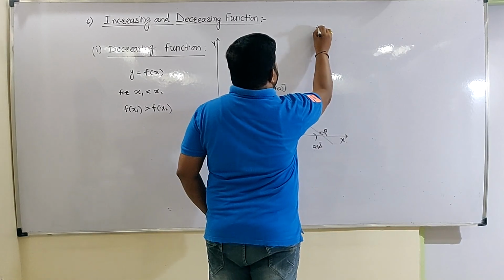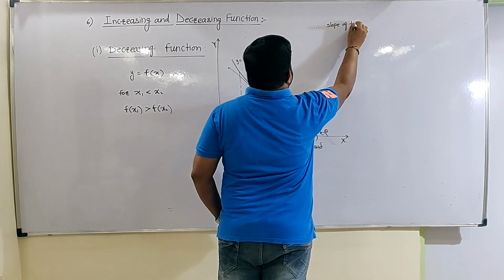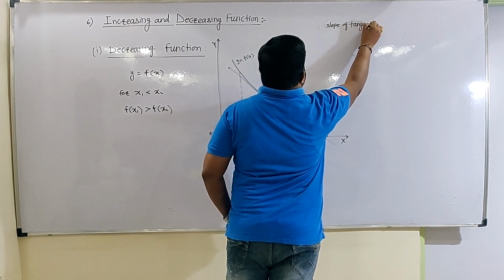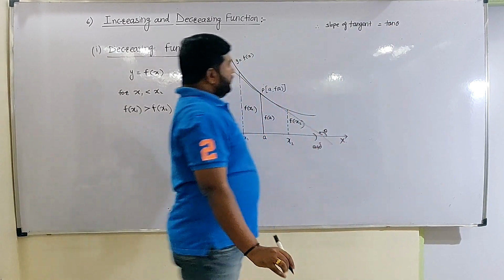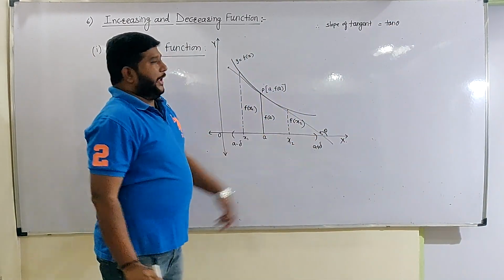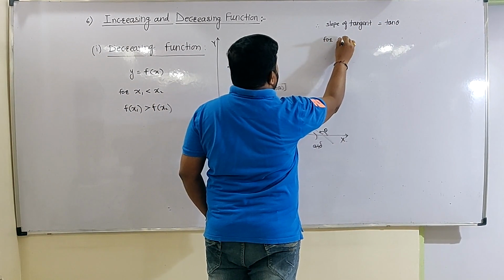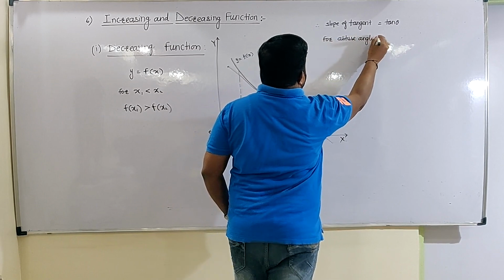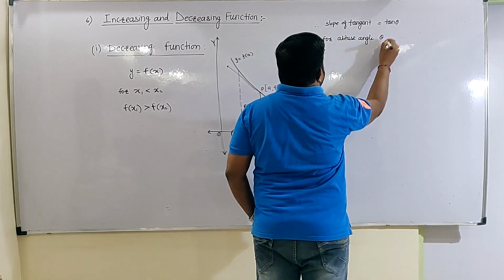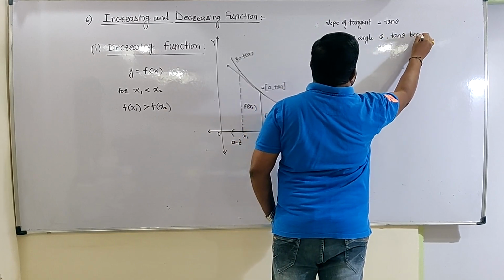So therefore, slope of tangent is equal to tan theta. This theta is an obtuse angle. For obtuse angle theta, tan theta becomes negative.